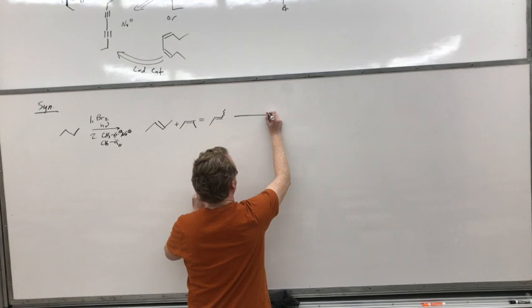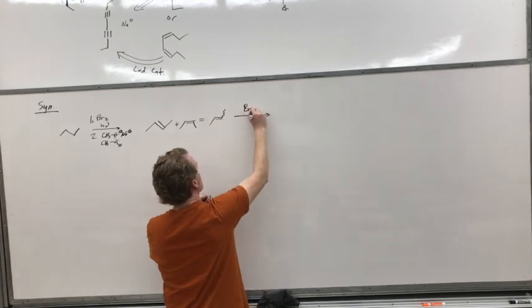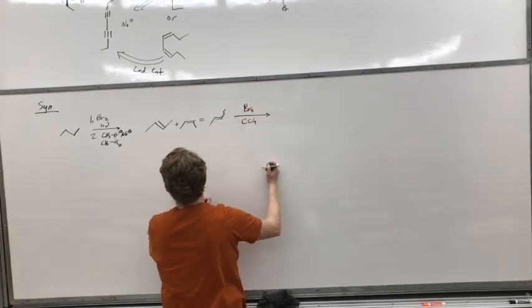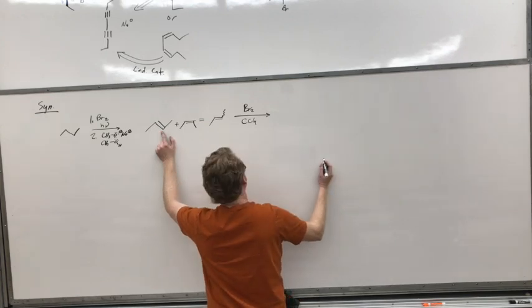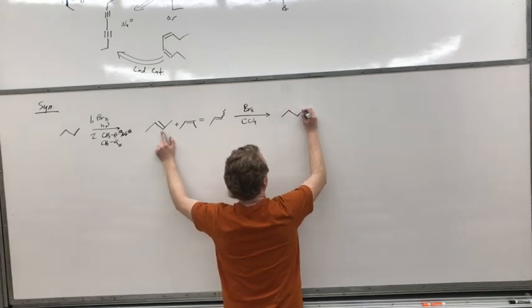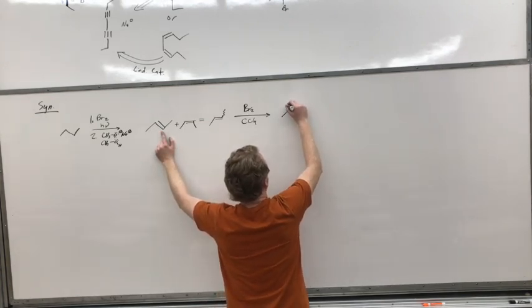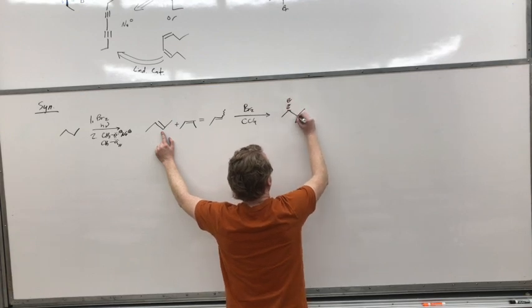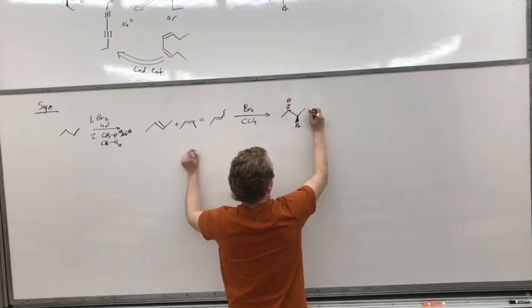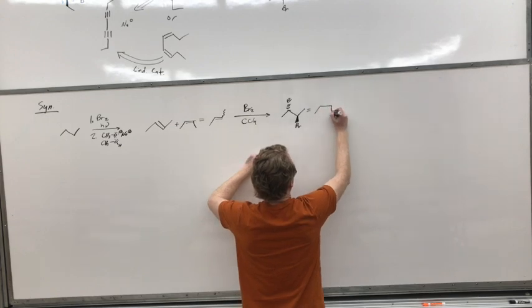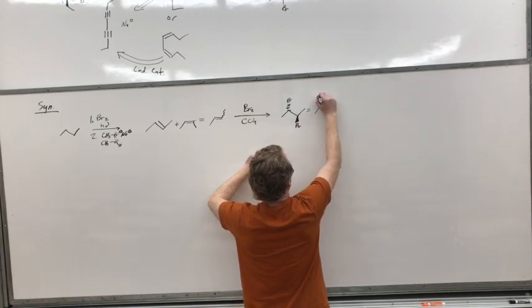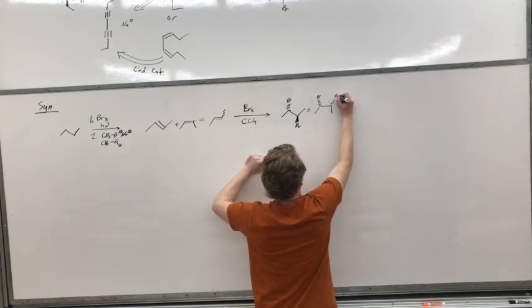Then these guys, I'll add the Br2, carbon tetrachloride. When I do that, the trans alkene will give me a meso compound. I know that doesn't look meso there, but when you rotate around the bond, you'll see it is meso.